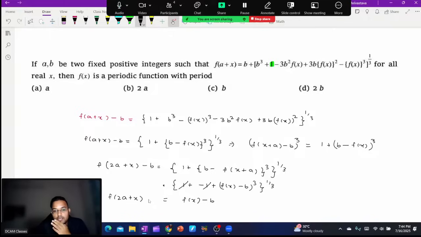Now it's okay. So that means f of 2a plus x is equal to f of x. Period is 2a. Understood?